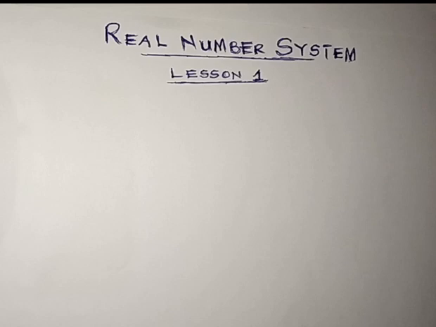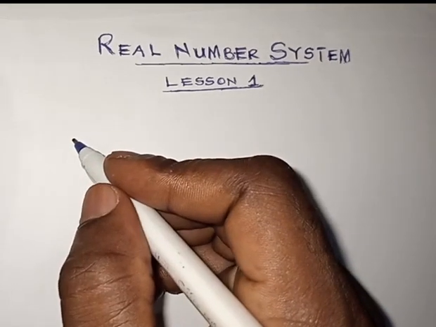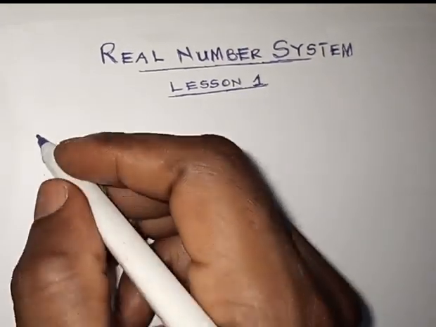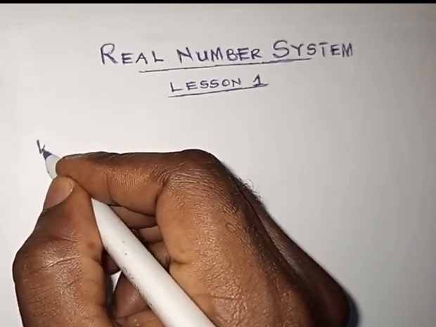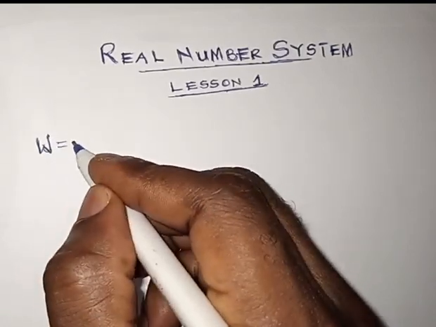But before that, let's list some examples of whole numbers, natural numbers, and then we also look at examples of integers. Okay, so in the junior high school mathematics, we learned that when we talk of whole numbers, we normally use capital W to denote whole numbers.